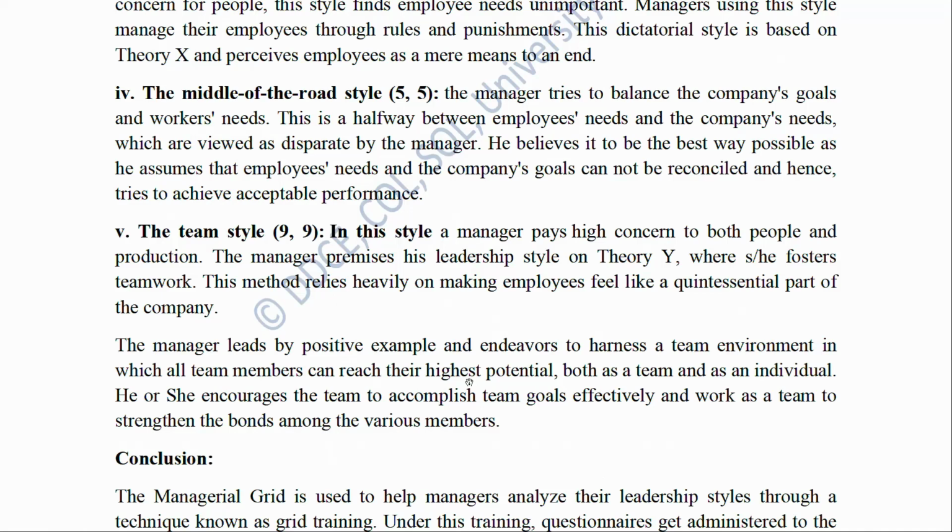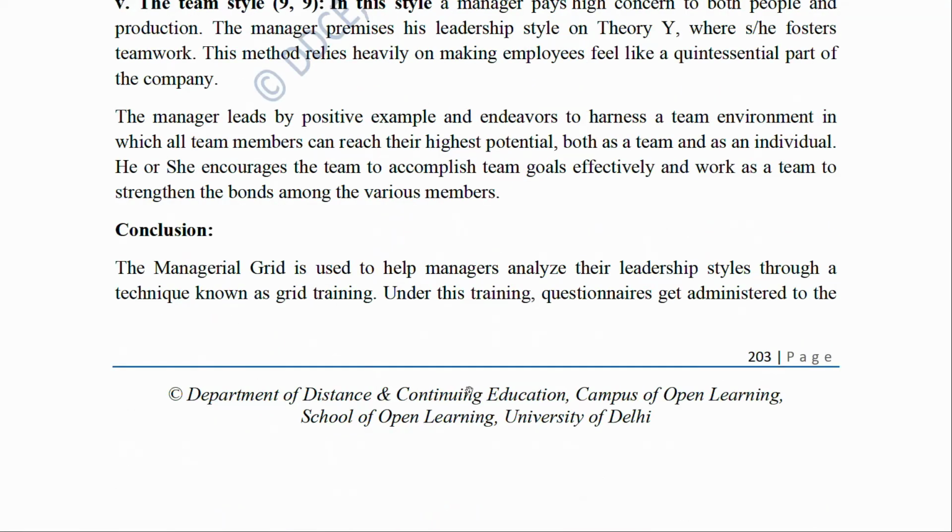He or she encourages the team to accomplish team goals effectively and work as a team to strengthen the bonds among the various members. Conclusion: the managerial grid is used to help managers analyze their leadership styles through a technique known as grid training.